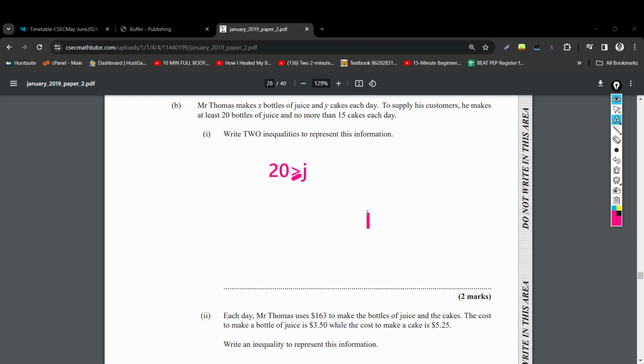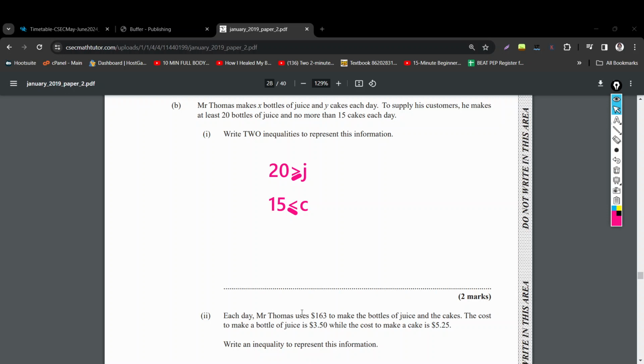No more than 15, so this one is going to be less than or equal to, and I'm going to use C for cake. So J for juice and C for cake. So these are the inequalities, and that's pretty much just what you need.